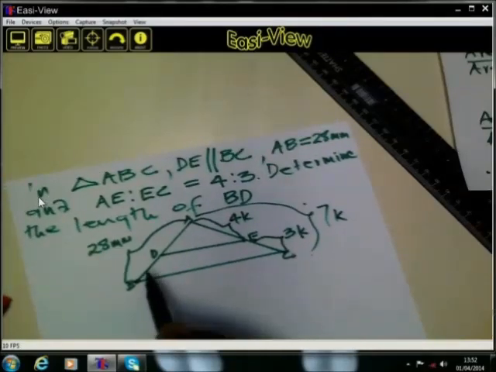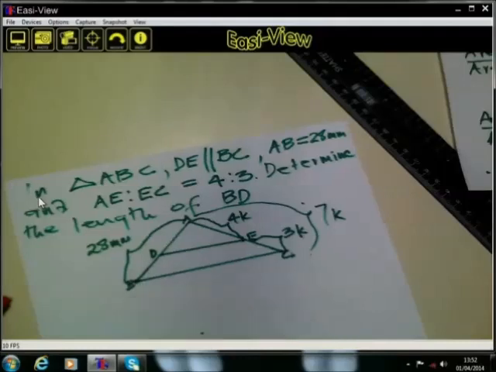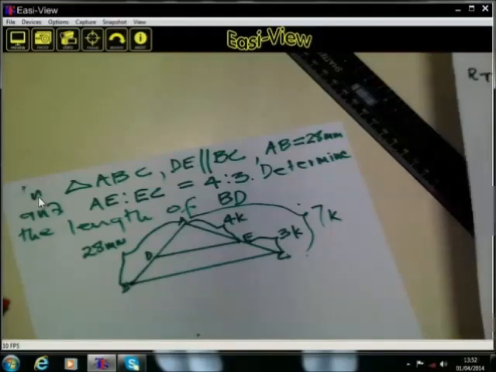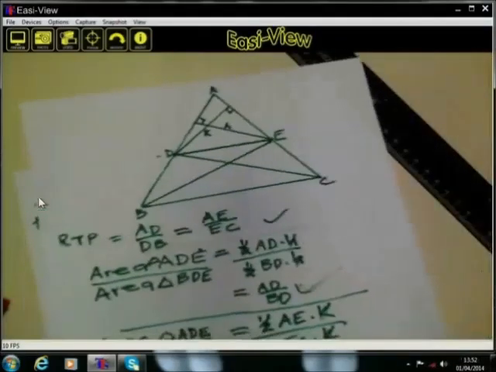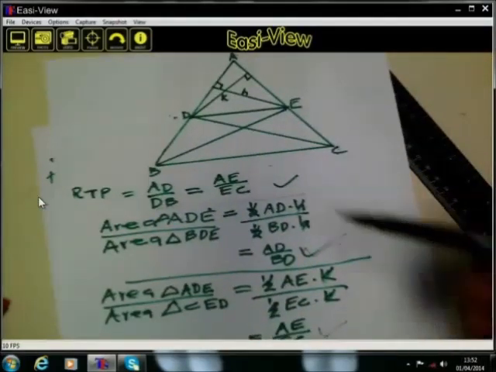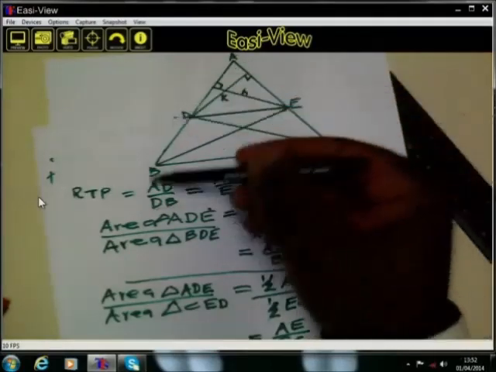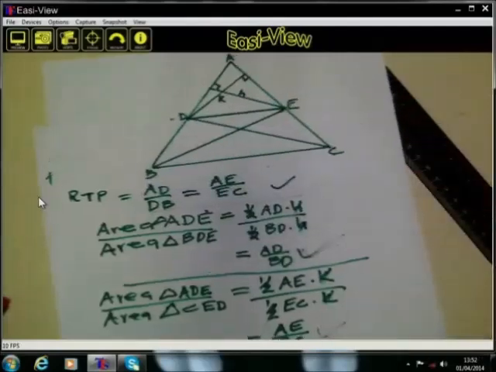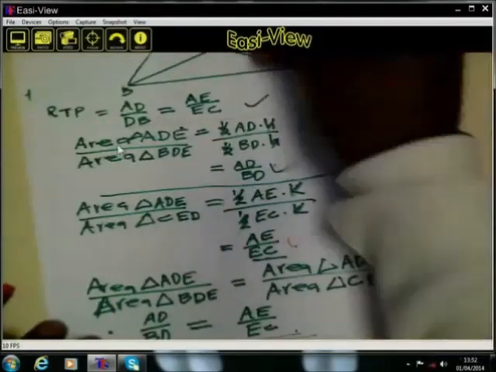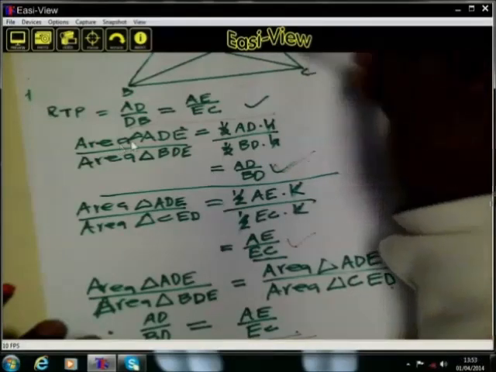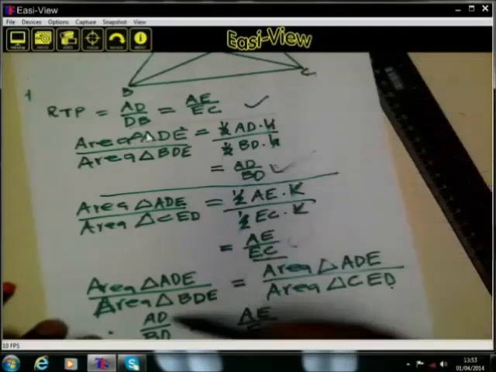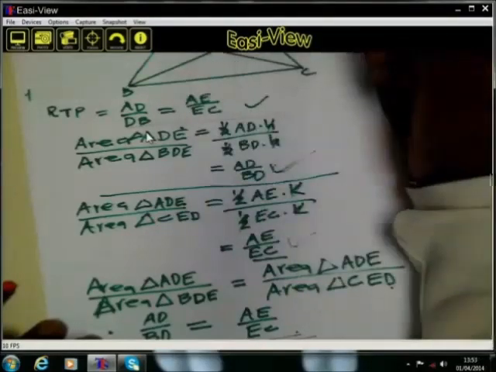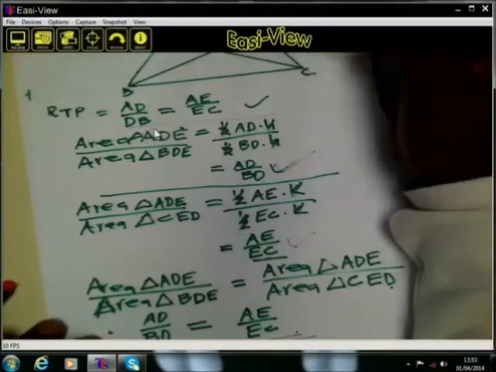They request you to determine the side. This is just a direct application of the theorem. Remember, with the theorem, this is what we have come up with: side AD over side BD is equal to side AE over side EC.